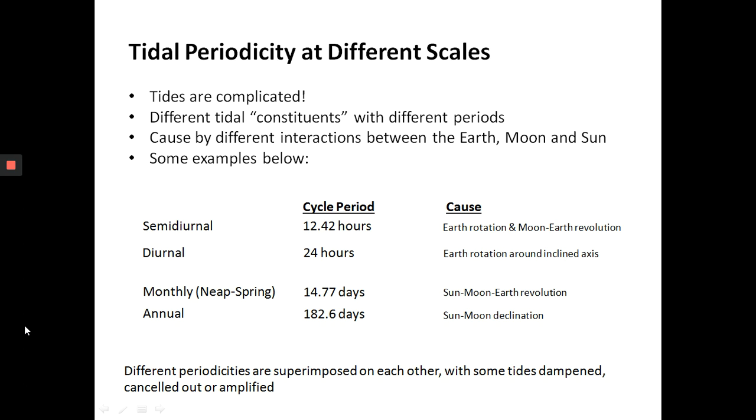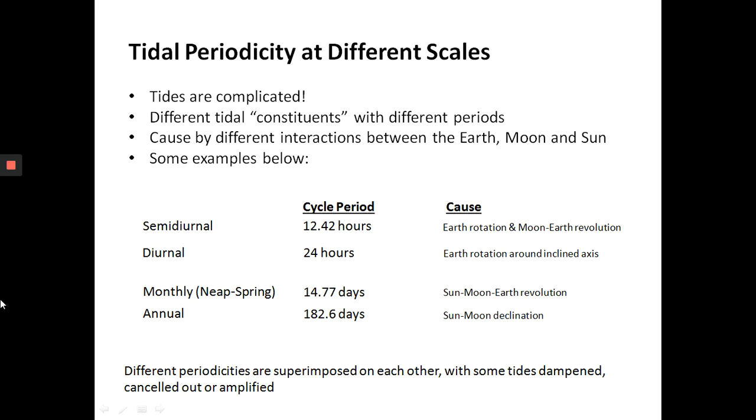So okay, we understand tides now, but that is an ideal model. That is a simple model, but we live in a universe which is complex. Tides are actually very complicated. In reality, you actually get lots of different kinds of tidal cycles, and they are operating at different periods.